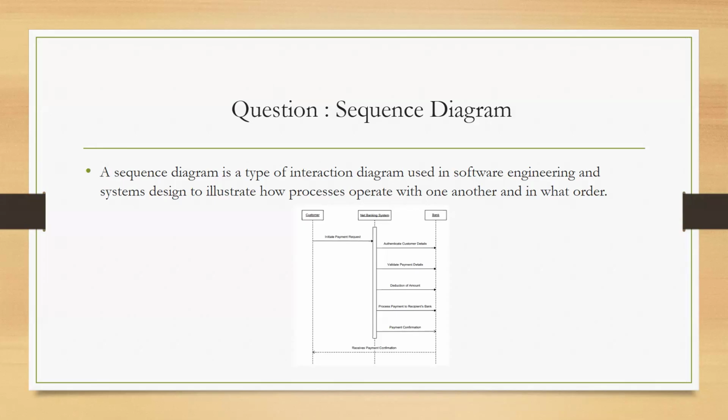Note that the BA will not be doing the sequence diagram, but a BA should have the knowledge of it, like how to draw and understand the diagram. That is why this question has been given.